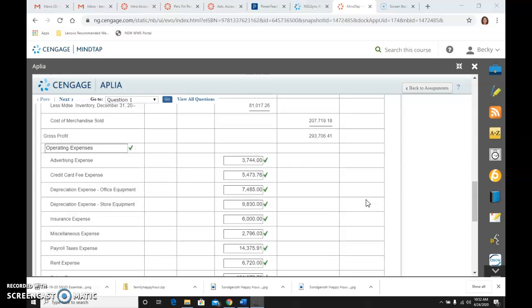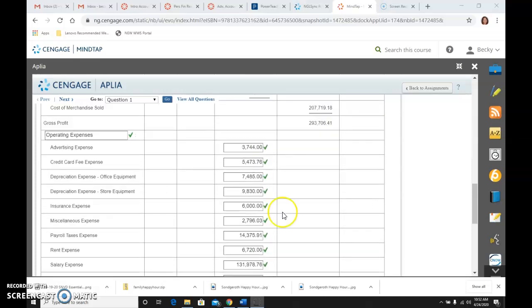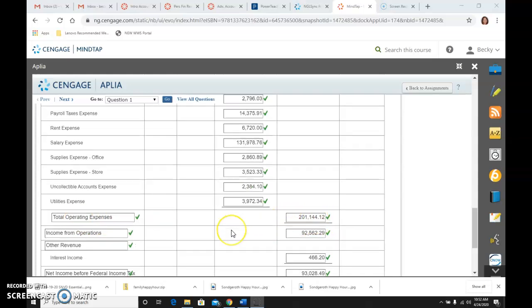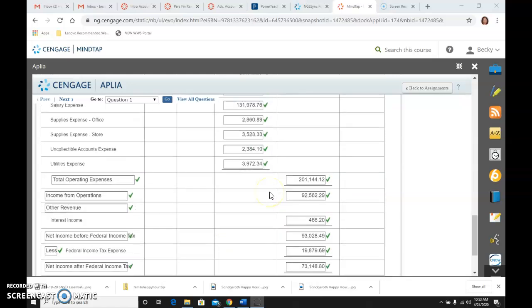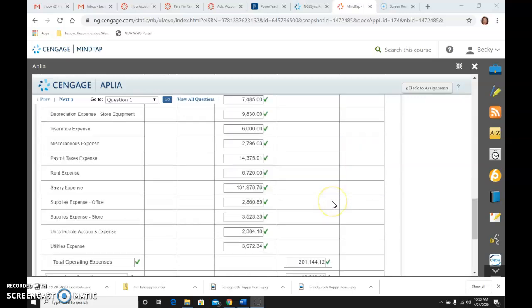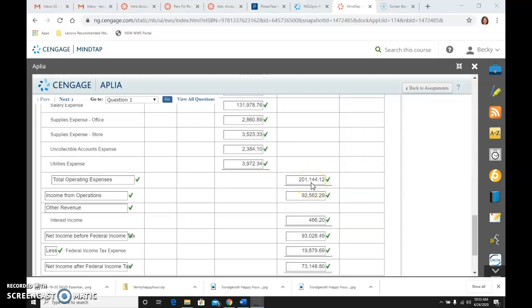Next, it wants us to finish the income statement, so I'm going to go ahead and just have it show the answer. So we had done through gross profit. Now it's operating expenses, and I list all of them from up above all the way down through utilities expense. I get total operating expenses by adding all those, of 201,144.12. Then I take gross profit of 293,706, subtract operating expenses to get income from operations of $92,562.29.